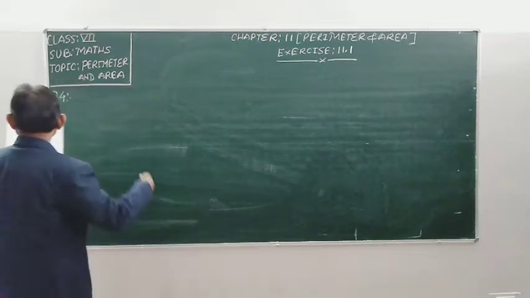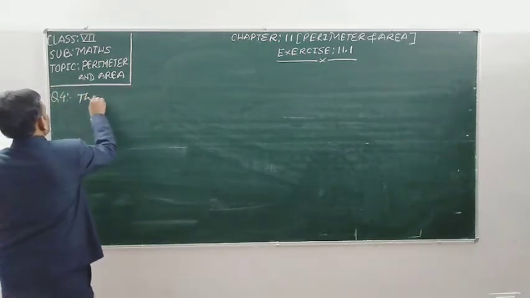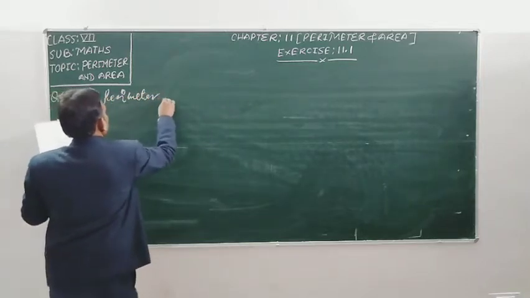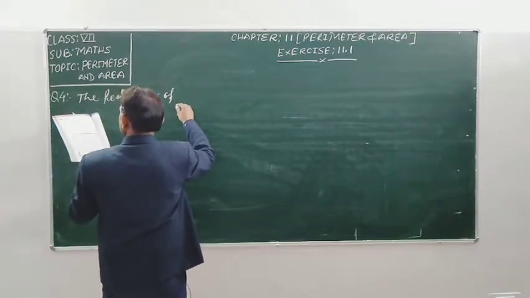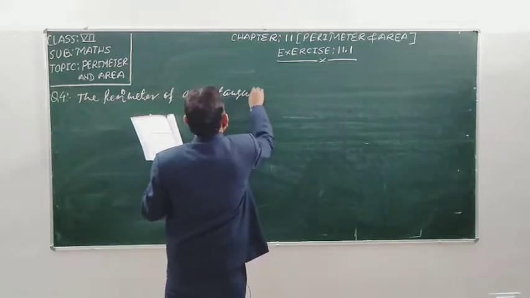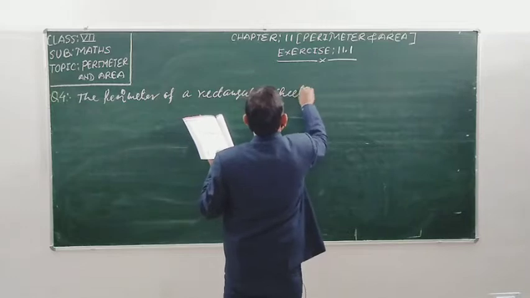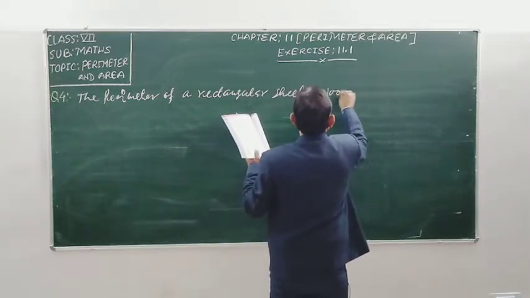So question number 4 is saying: the perimeter of a rectangular sheet is 100 centimeter.